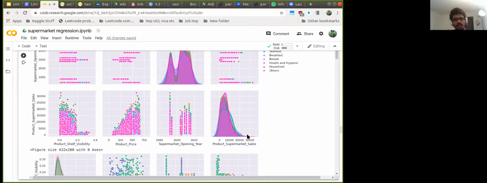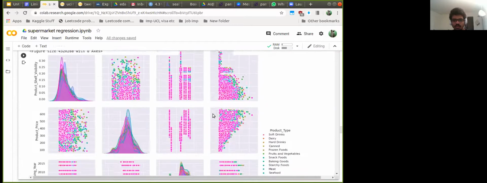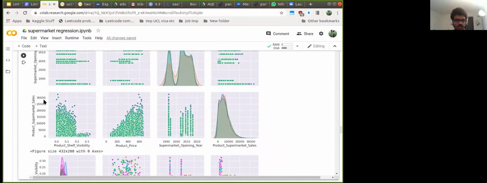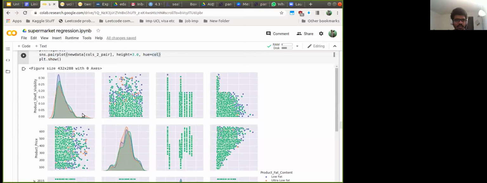So what we could do is apply some transforms to make it less skewed, basically as close to normal as possible. I believe even the product shelf visibility also has a skew. It's quite visible here. So we could transform that too.